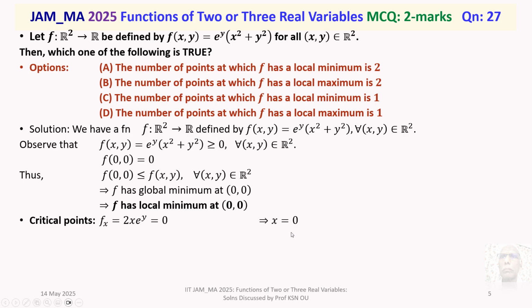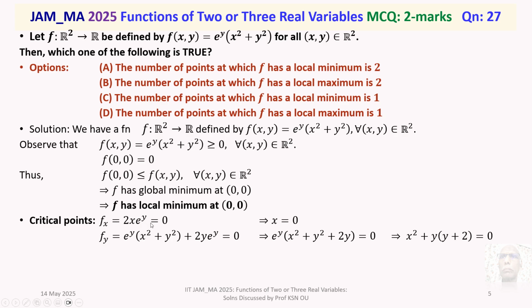That will give you x is equal to 0. Fy, that is del f by del y, is obtained by differentiating f of x comma y with respect to y partially. Then you get e to the power of y into (x square plus y square) plus 2y is equal to 0. This means (x square plus y into y plus 2) is equal to 0.